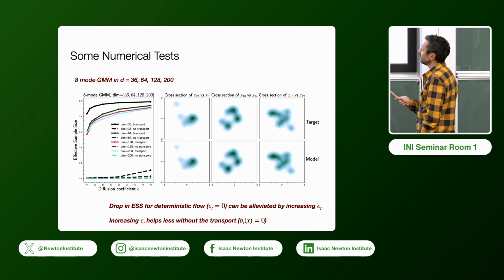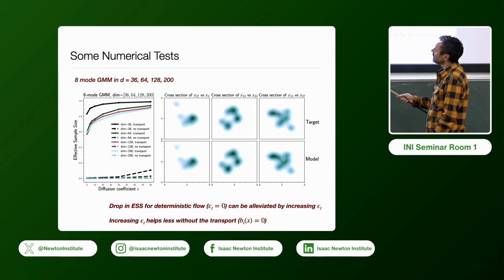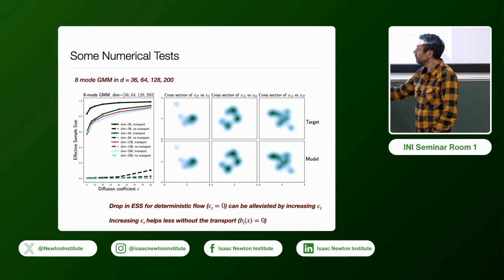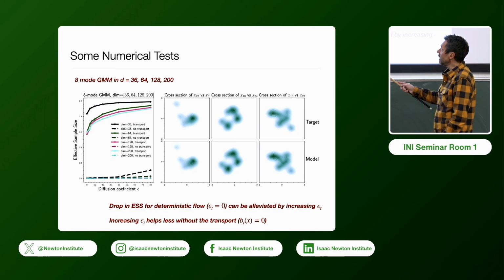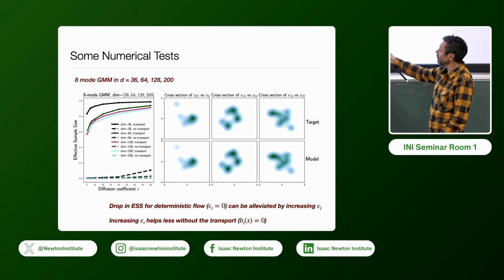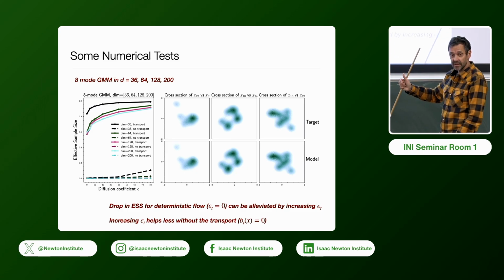This is the target, and that's what the model does. And what this graph shows, we could do other things, is what happens if you do AIS without transport and increase the diffusion coefficient, and what happens if you learn the transport and increase the diffusion coefficient, and all of these curves are for the dimensionality as it increases.